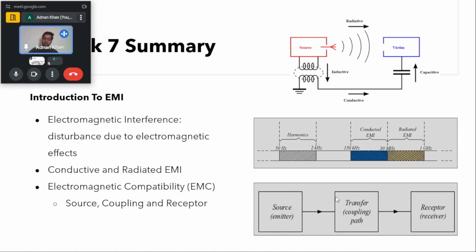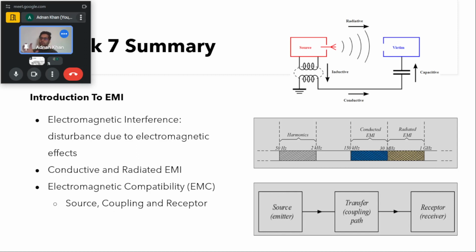Usually in EMI, there will be a source, where the EMI is getting generated, and there will be a receptor, a part of the converter which receives this EMI, and there will be a path, a coupling means from the source to the receptor, and this can be conductive or radiative.